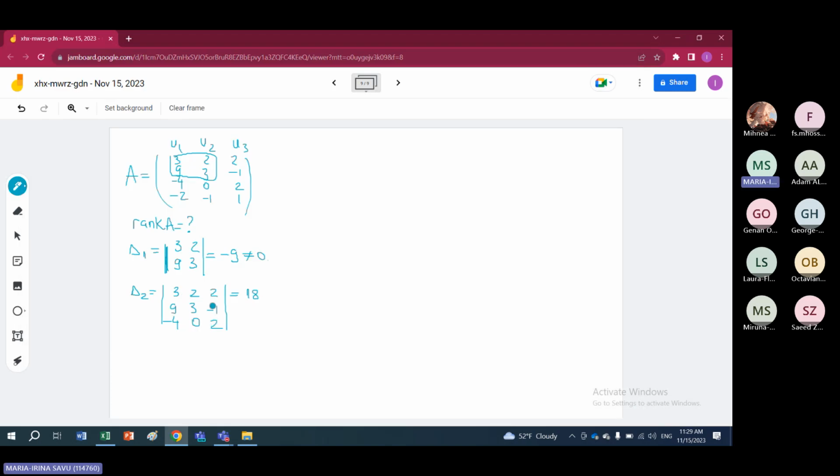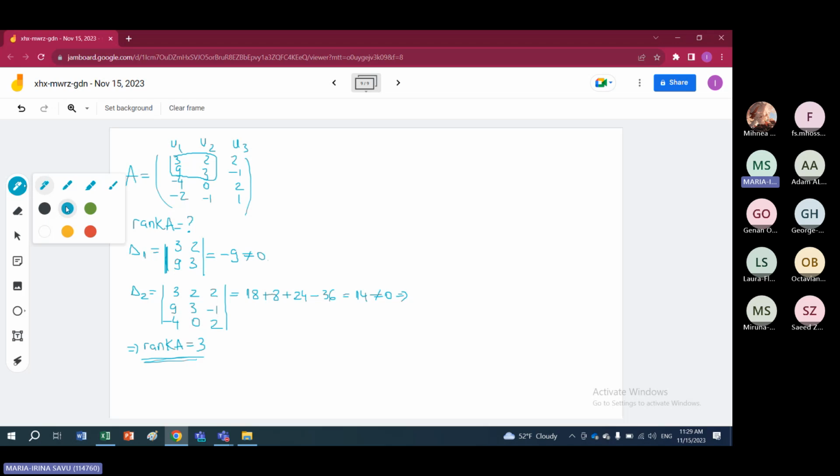You have 18 plus 0 plus 8 from here, plus 24 from here, 0 from here, and minus 4 times 9, which is 36. So I have 26 plus 24, which is 50, minus 36, which is 14, which is not 0. So it means that the rank of A is 3.